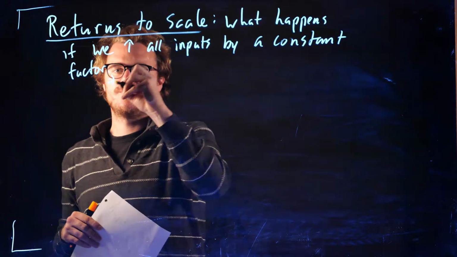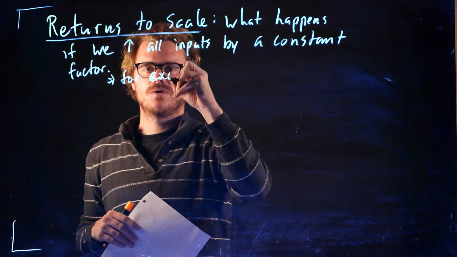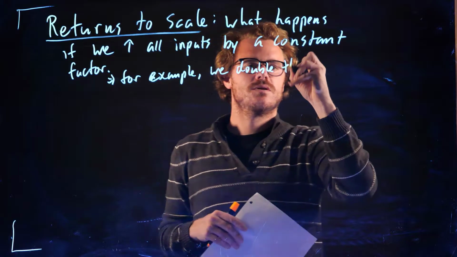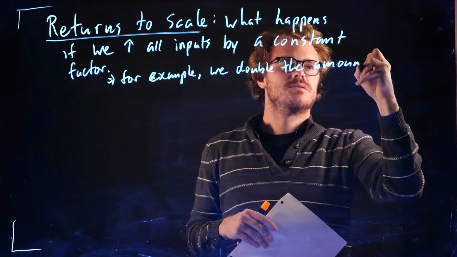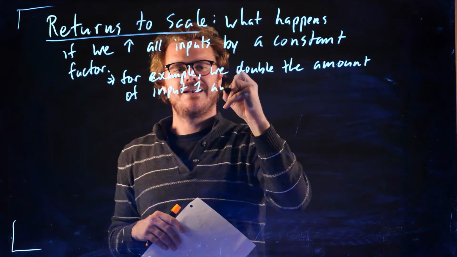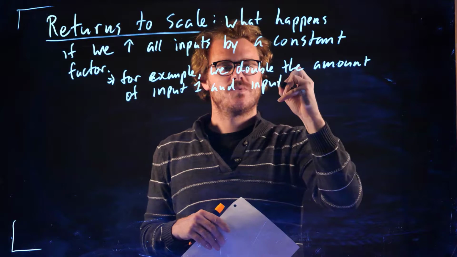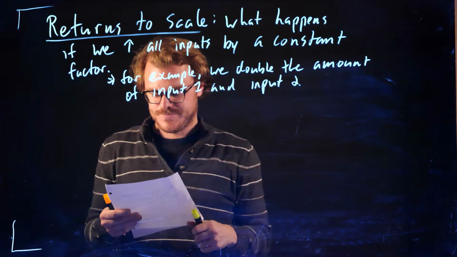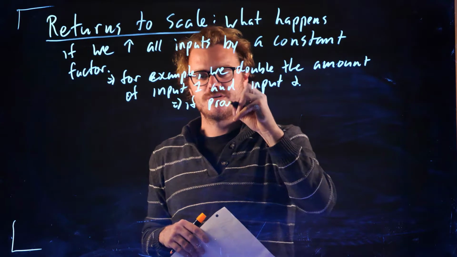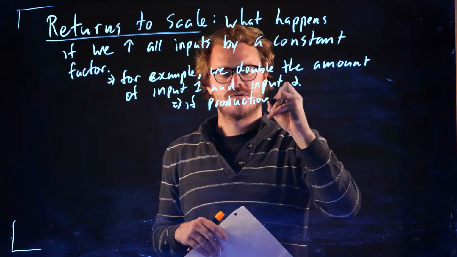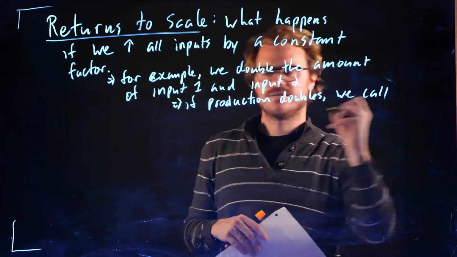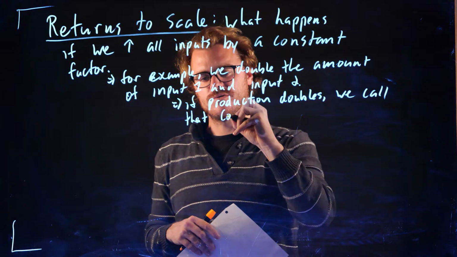For example, we double the amount of input 1 and input 2. If production doubles, we call that constant returns to scale.